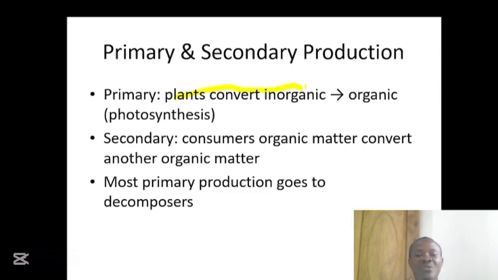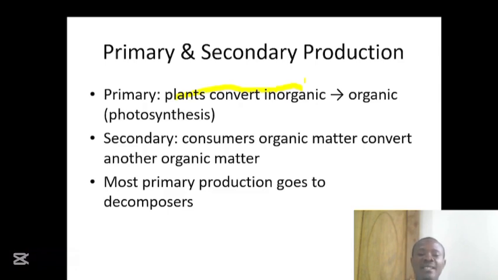In photosynthesis, the plant makes use of carbon dioxide, which is not living, water, which is not living, even though most people say water is life, and sunlight to produce their own food.